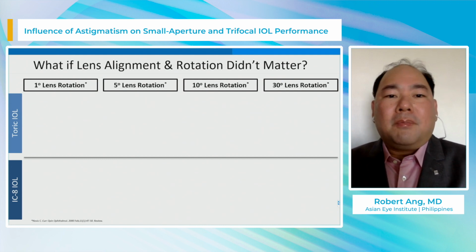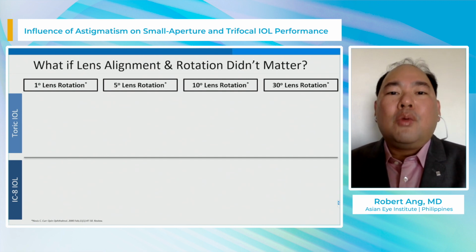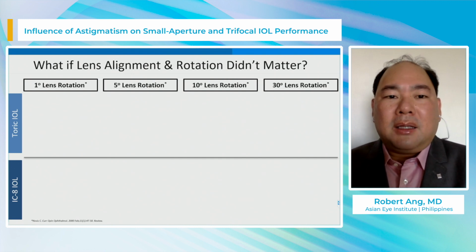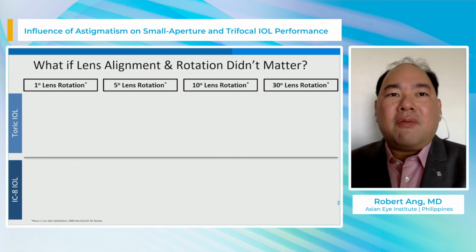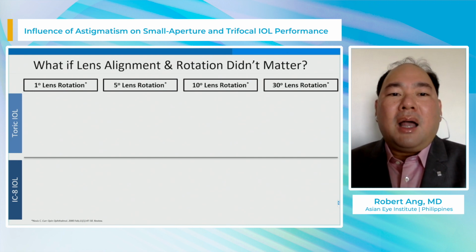Now, the tricky part is before surgery, we have to decide if the patient would need a toric IOL or not. So in my practice, I begin at 0.75 diopter corneal cylinder and above, I would already recommend a toric IOL.